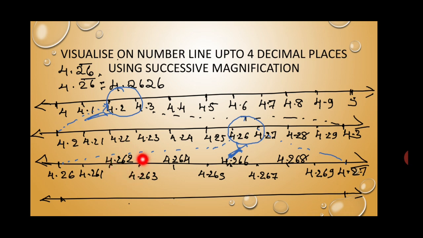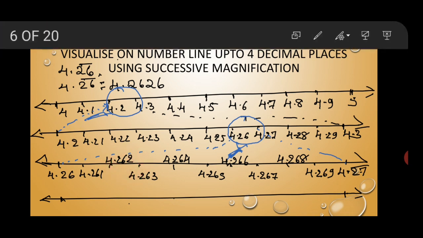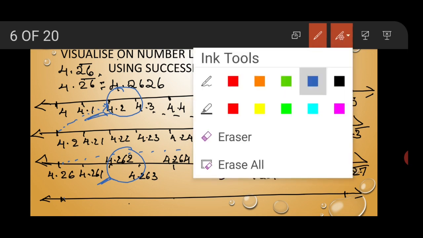So keep your magnifying lens in these 2 points, right? 4.262 and 4.263. This is the magnifying lens.